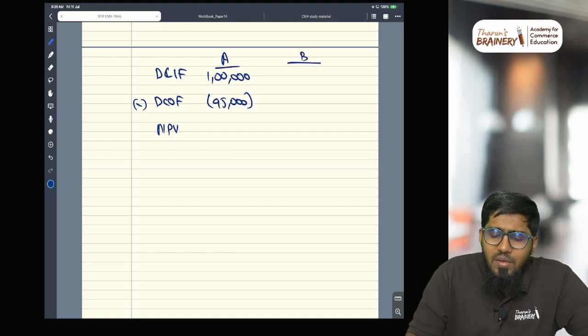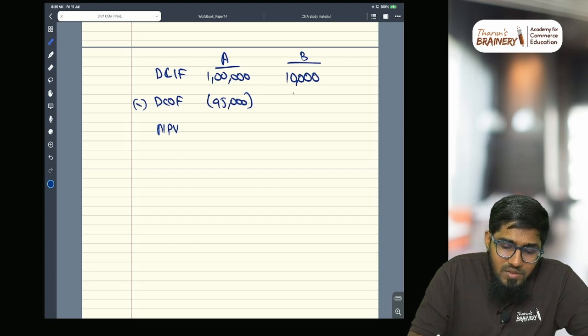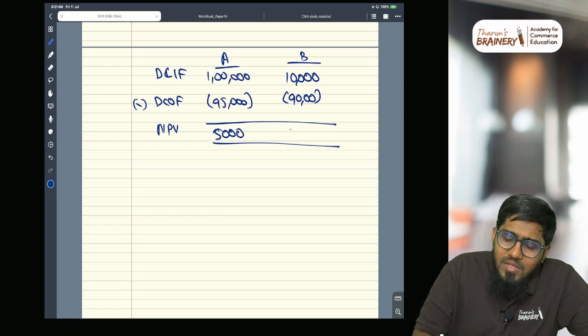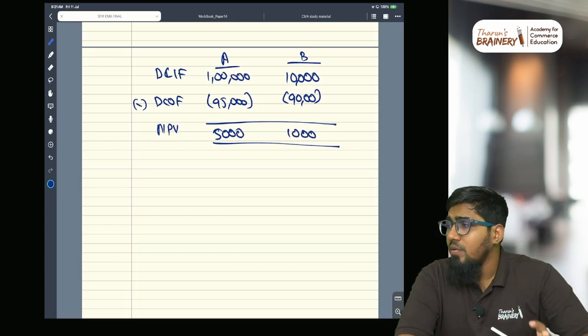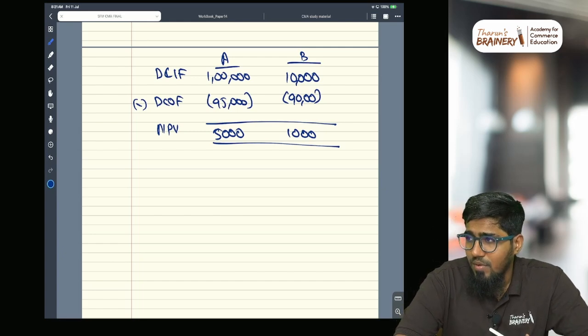For project B, the discounted cash inflow is 10,000 and the discounted cash outflow is 9,000. What is my NPV? Here my NPV is 5,000, and here my NPV is 10,000 minus 9,000, 1,000. Now please tell me which project you will select.